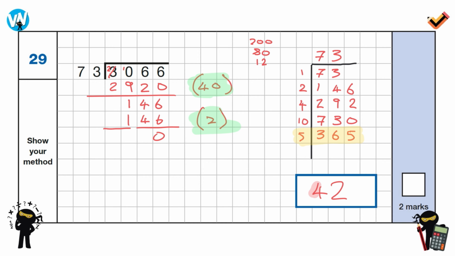Even if you'd taken away 20 lots, 1,460, that would have been a bigger chunk. But spotting that 2,900 is just under 3,000, it's the perfect chunk to take away, and it allows us to answer that question. Now, if you'd gone take away 10 lots, take away 10 lots, take away 10 lots, that's fine. You'd have got the answer if you'd worked quickly and it had maybe taken you 2 minutes. It's worth it for the 2 marks, but essentially dead simple to get the mark.